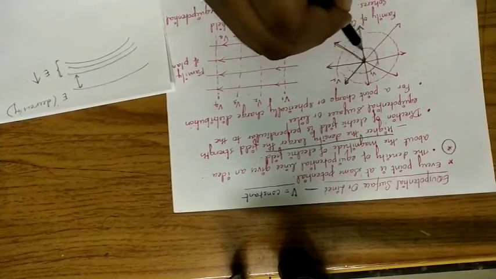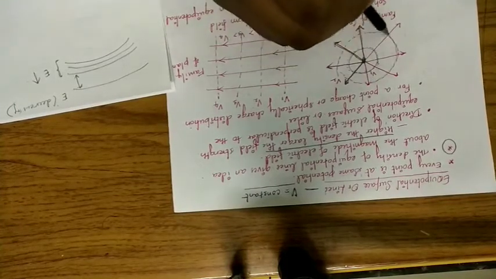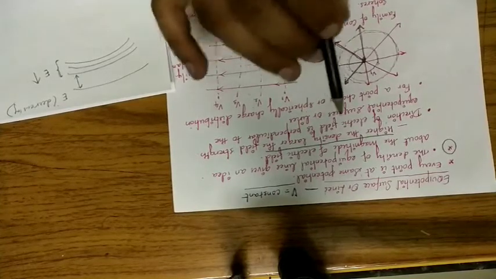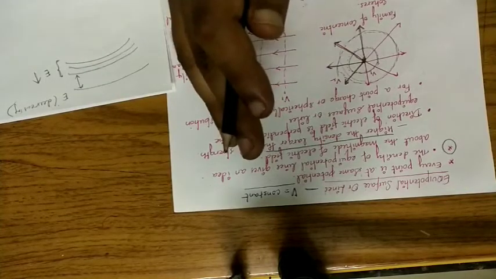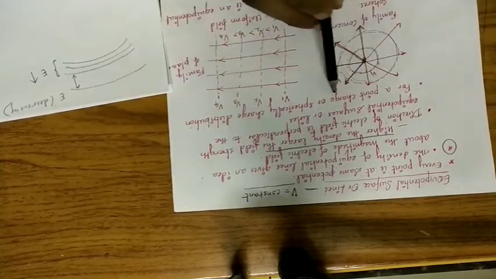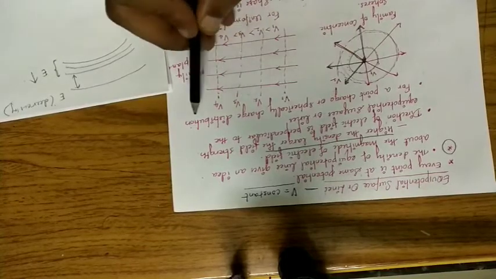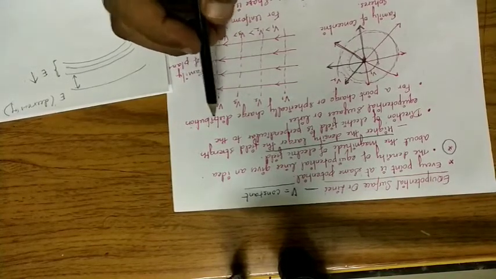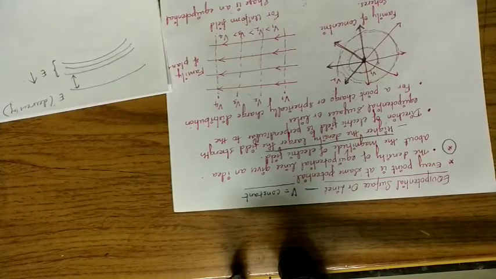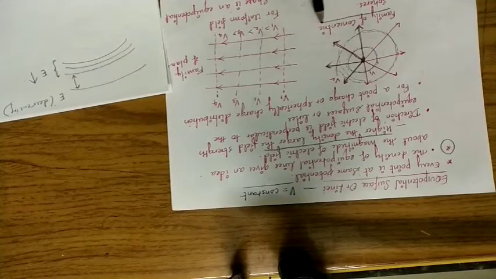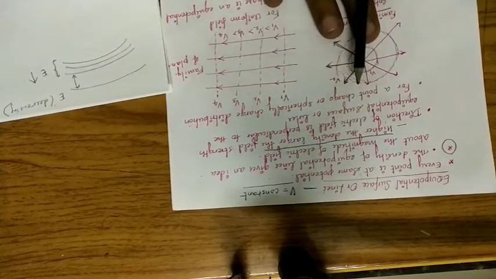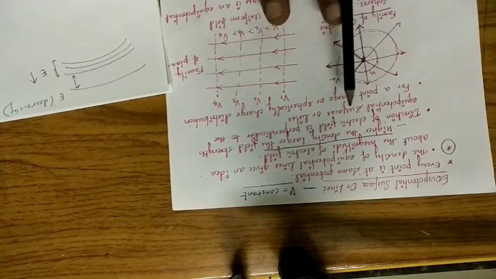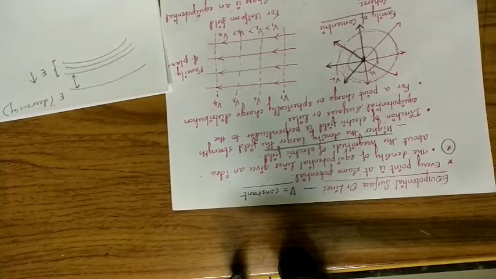So this is one equipotential surface and this is a second, and at every point you can see that the electric field is normal to the surface. For a point charge or a spherically charged distribution, that is, charge spread on a spherical surface, the equipotential surfaces are a family of concentric spheres. Since this is a two-dimensional diagram you see circles, but in 3D they are shells.